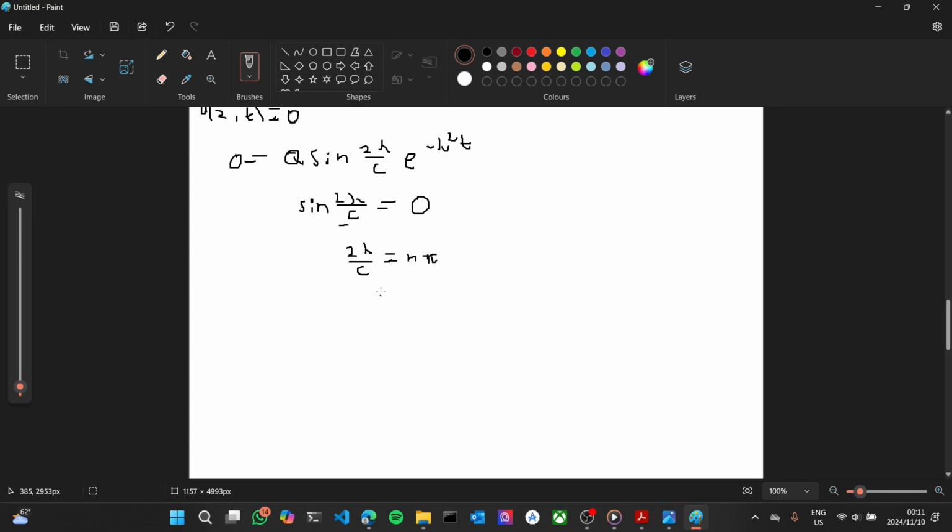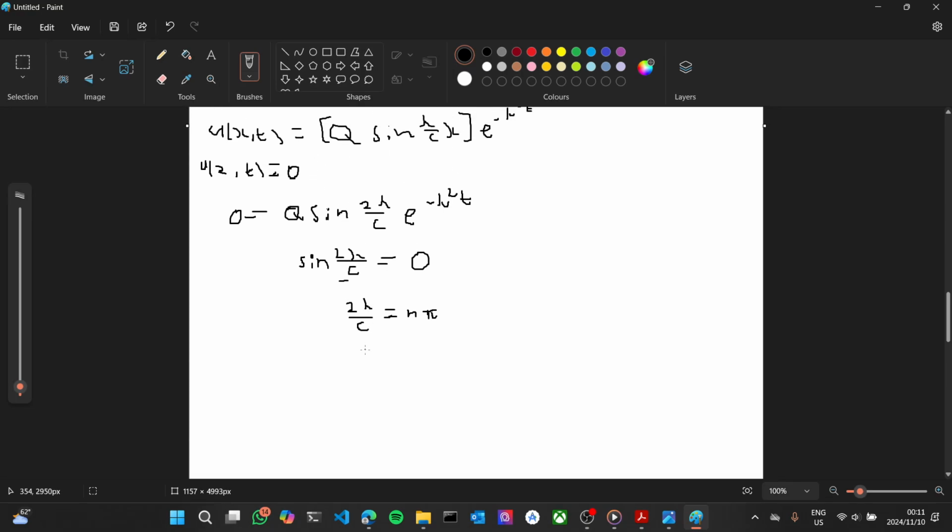Okay, so now we can solve for lambda, which then becomes n pi c over 2. Cool.